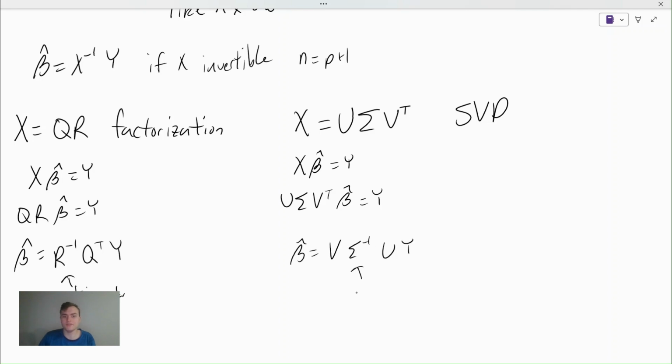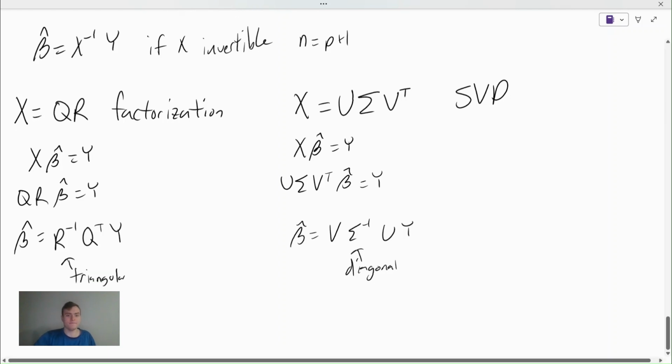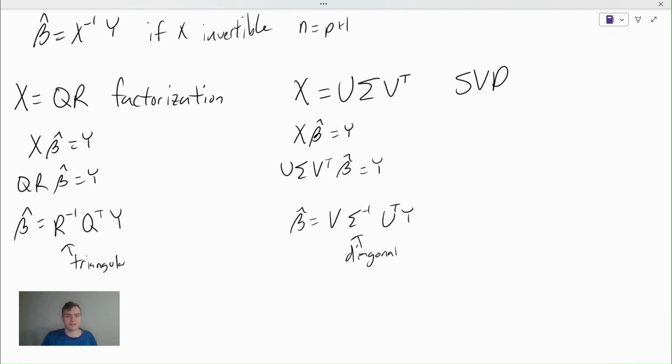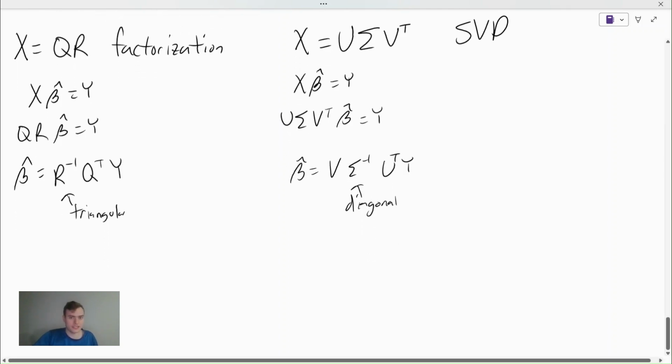And sigma inverse is very easy to find because sigma is diagonal with potentially more zeros to make it the right dimension, but that just means we're taking each element on the diagonal and doing 1 over, and all the zeros stay 0. So that is also very quick to find. We have to take the U transpose since we're taking the inverse of an orthogonal matrix.